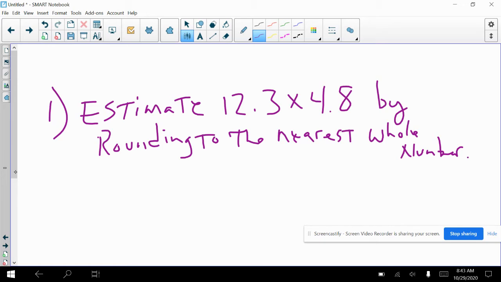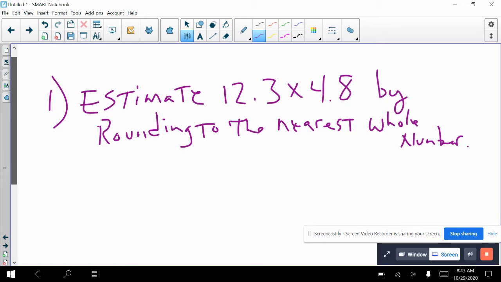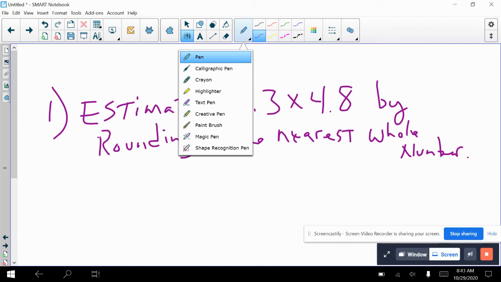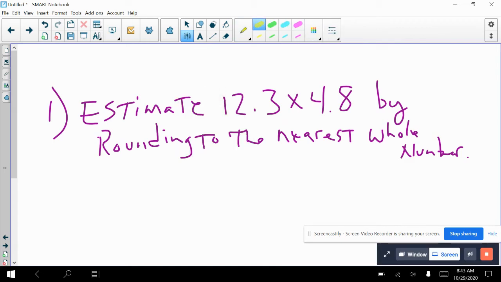All right, so it says estimate 12 and 3/10 times 4 and 8/10 by rounding to the nearest whole number.